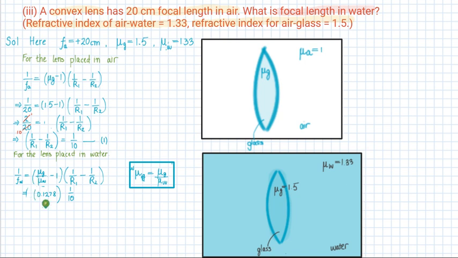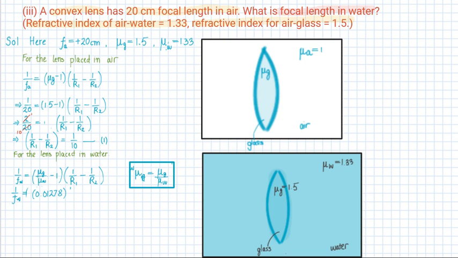Now, if you divide this number by 10, I'll get 0.01278. So that is 1 by FW. Now what you can do is cross multiply: send this FW to the numerator and 0.01278 to the denominator.